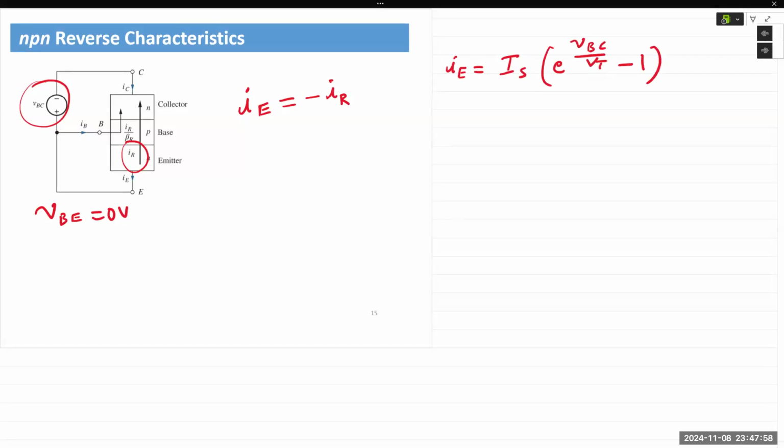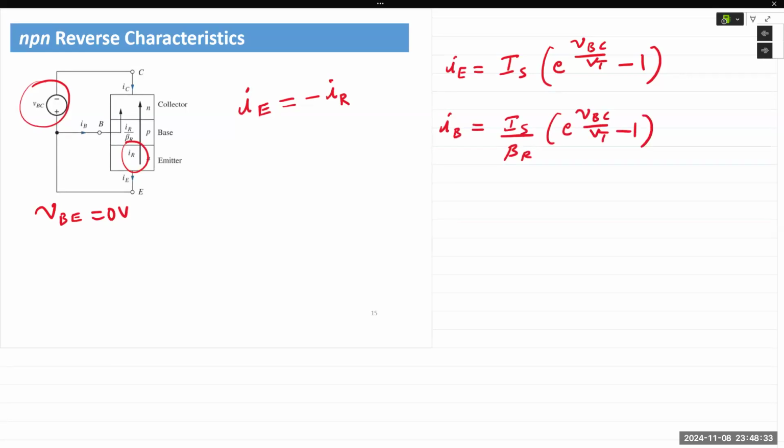And from IE we can write IB. The base current can be written in terms of the reverse current, so IS over beta R times e raised to VBC over VT minus 1.